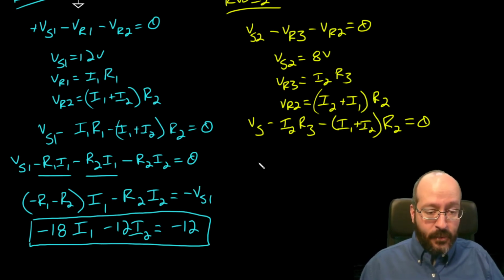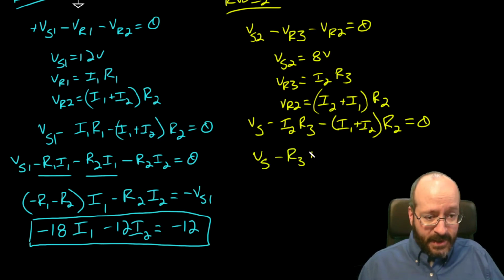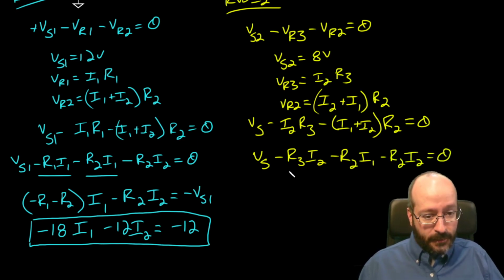Doing the same thing for the KVL for I2. VS minus R3 I2 minus R2 I1 minus R2 I2, and that's equal to 0. This is VS2, isn't it? Okay, let's see.